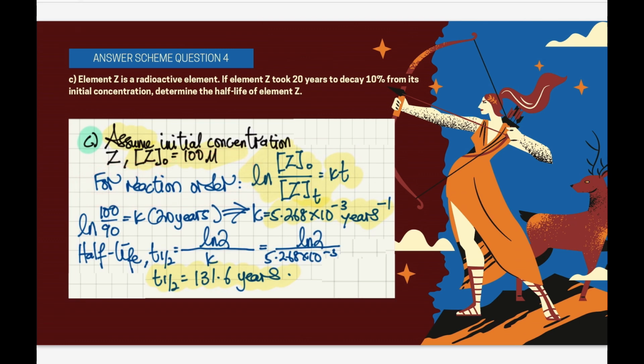Okay, jadi kalau ikut skema ni, kamu boleh guna formula ini, atau you can actually simply use the same formula yang tadi, iaitu ln concentration Z T equals to negative KT plus ln Z naught.